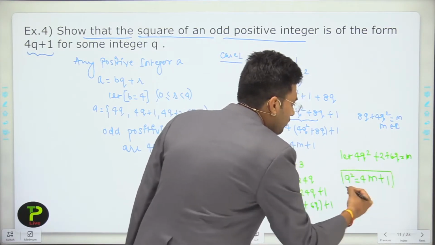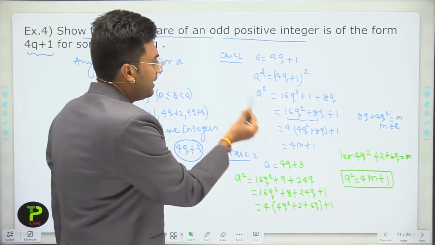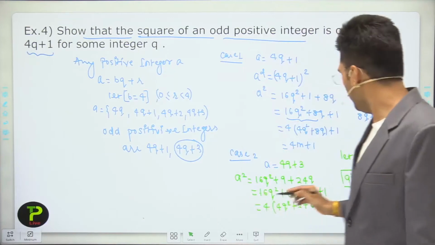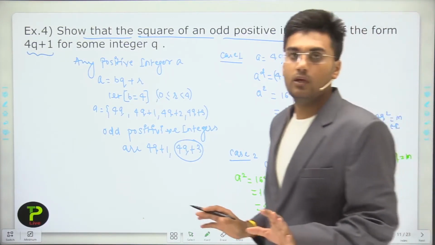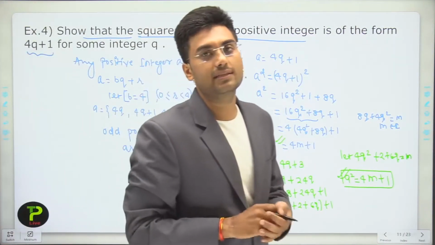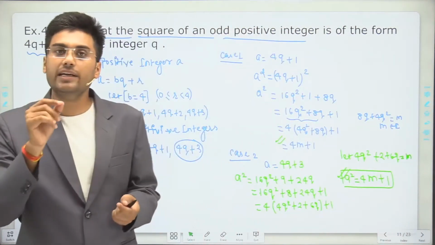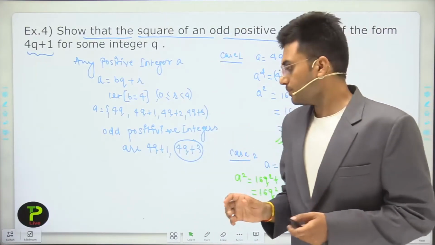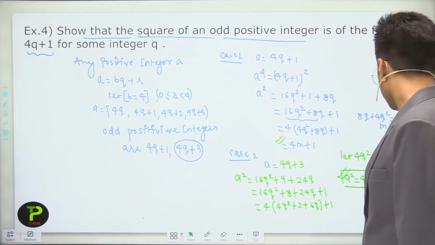So for both cases we get that the square of an odd positive integer is in the form of 4m plus 1. So we can say that the square of any odd positive integer is in the form of 4m plus 1. And students, we can directly use this result in objective questions. Okay, now after this question, let's move to the next question.